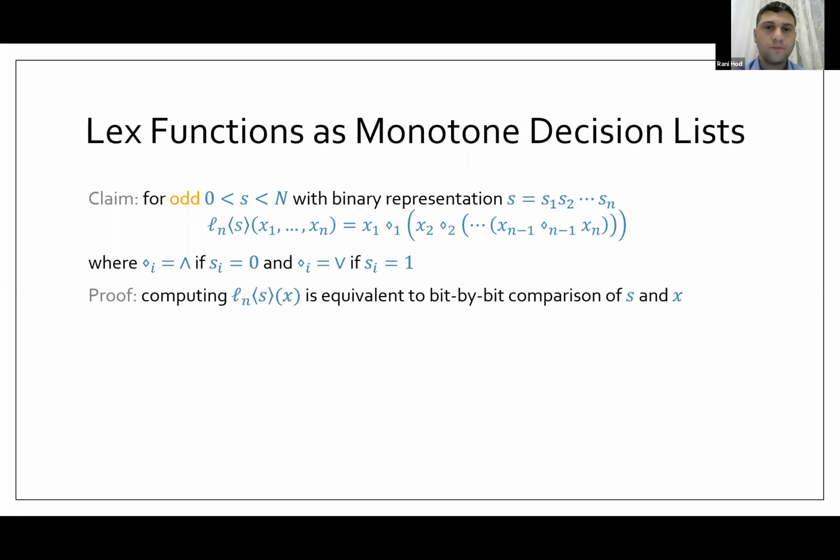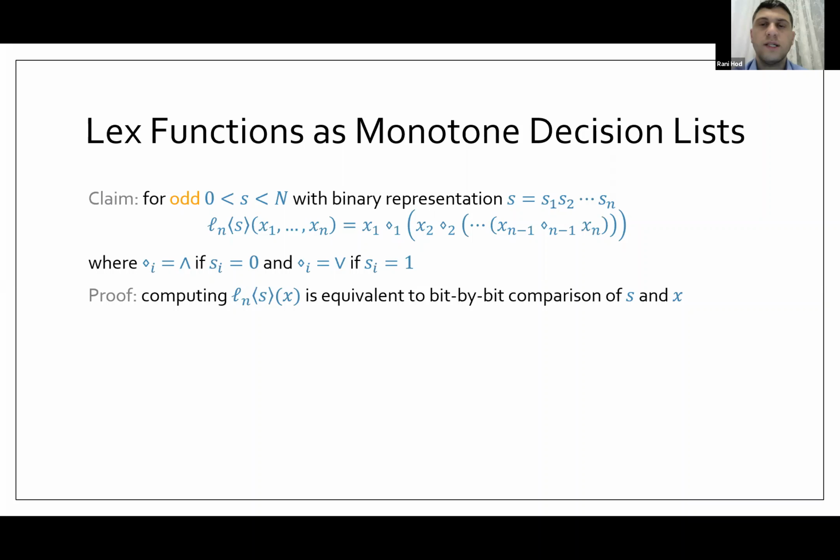So another nice thing about lexicographic functions is that we have a very nice expression for them. If we want to compare the input x to the number s, to the binary representation of s, that would tell us whether x is one of the last s elements or not.